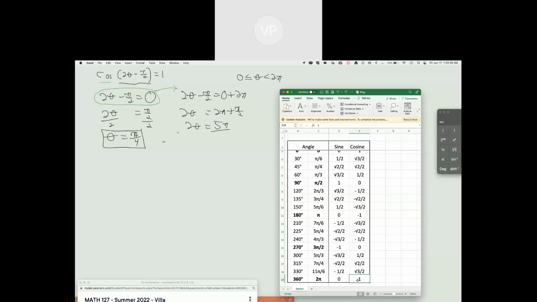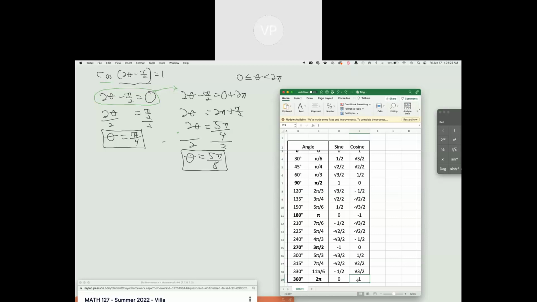So 2 theta equals, looks like 5 pi over 4. Now some of you may say, that's too big, that's bigger than 2 pi. You're right, but we only look at that when we get to the final theta. And you notice now when I got this theta, I got 5 pi over 8. That's less than 2 pi. That one's still good.